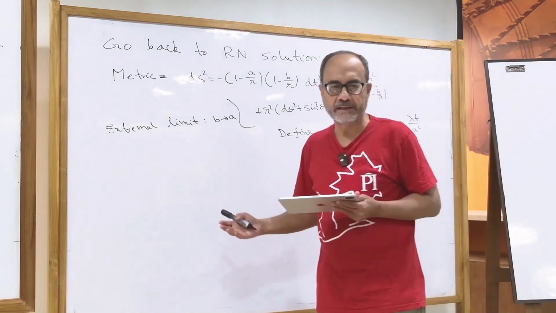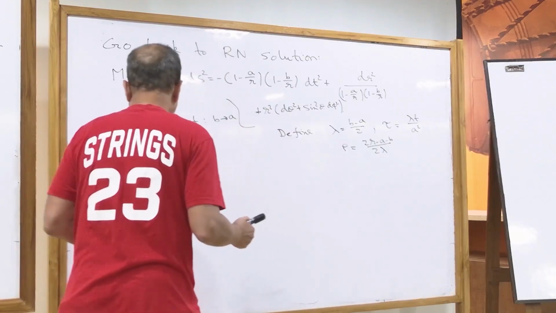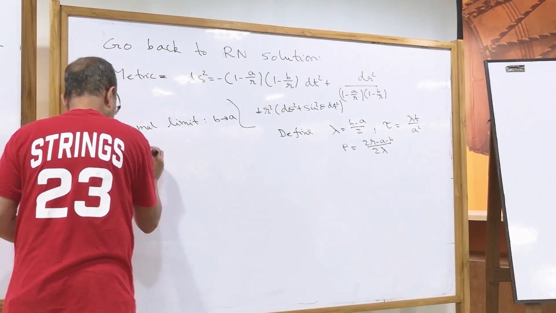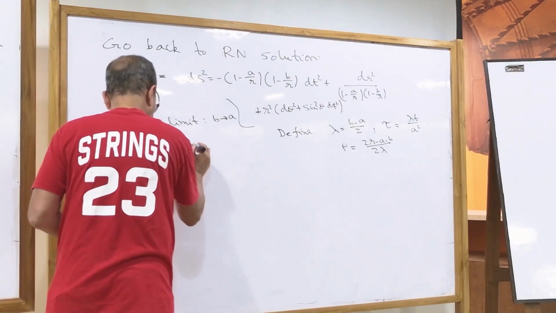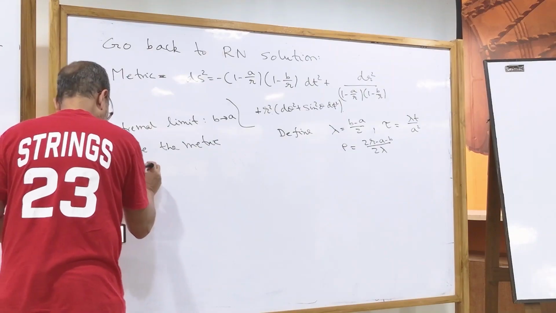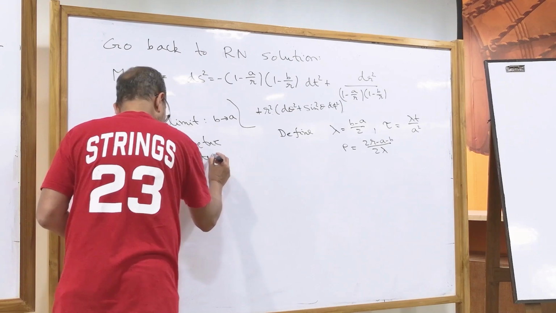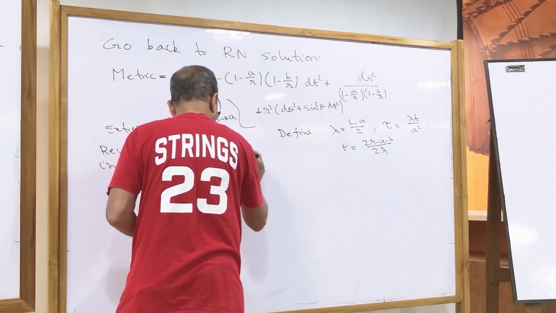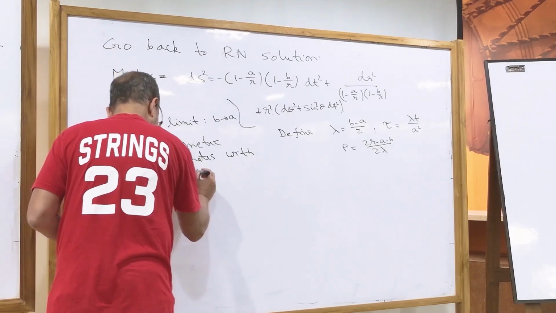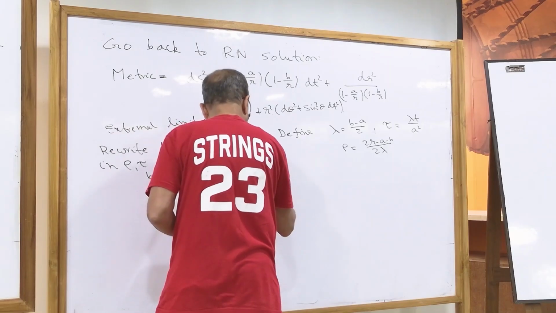I can just rewrite the metric in rho, tau coordinates with B replaced by A plus 2 lambda.